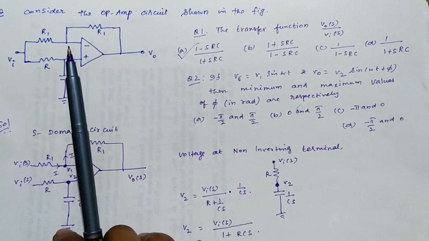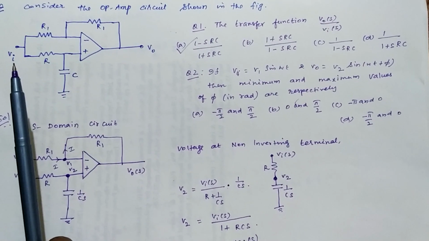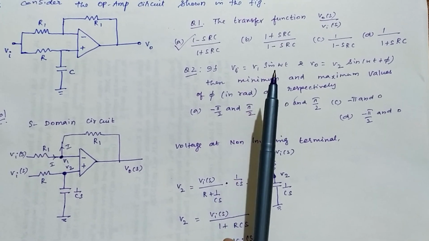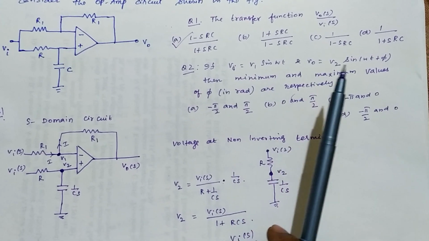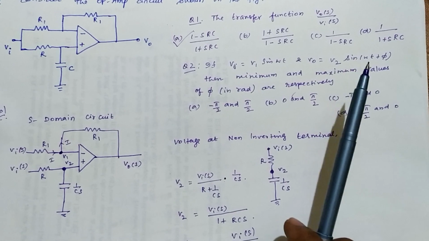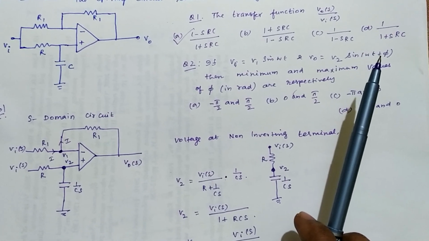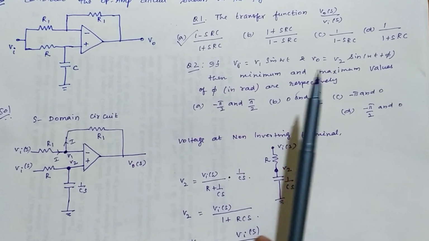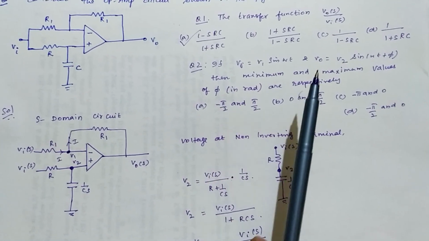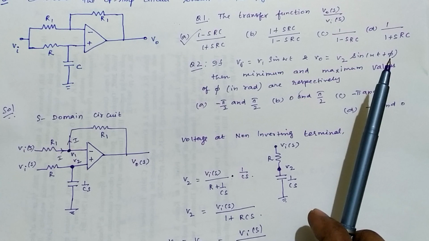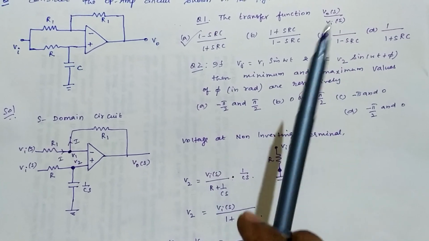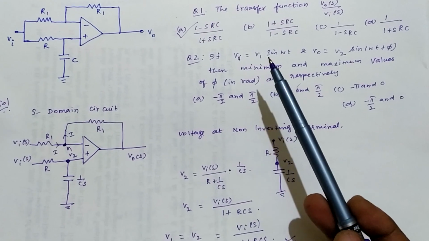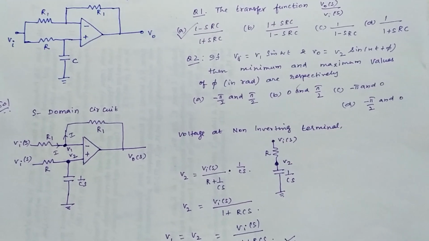Again, in this problem, the input is given as a sinusoidal voltage, V1 sin omega t, and the output is V2 sin of omega t plus phi. If that is the case, what are the minimum and the maximum values of phi, respectively? They are asking for the minimum and maximum value of this phi.